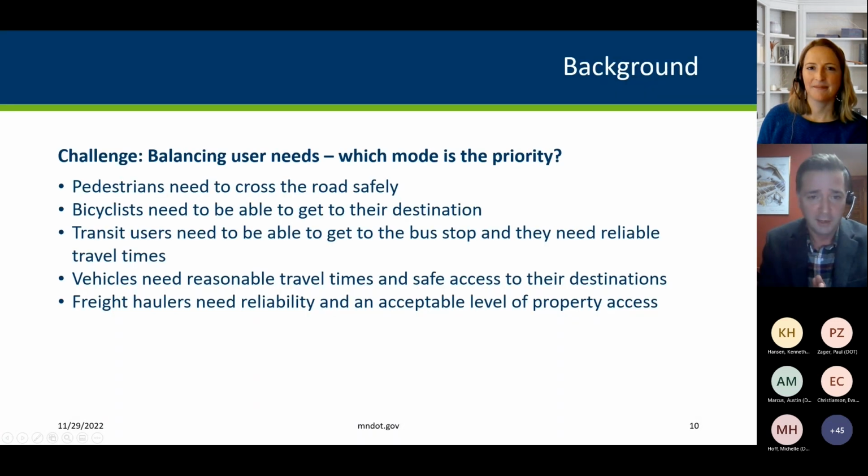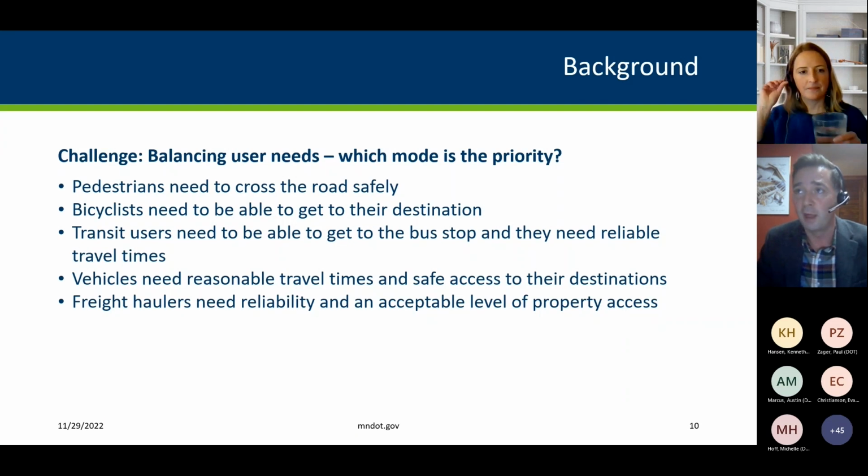Next slide, please. Okay, so what are we trying to do here? What's the problem that we're trying to address? We've got several issues that are kind of converging here. We know that we need to prioritize the most vulnerable users, right? Nissa and Sonia both just said that if we don't have a safe system for our most vulnerable users, we don't have a safe system.